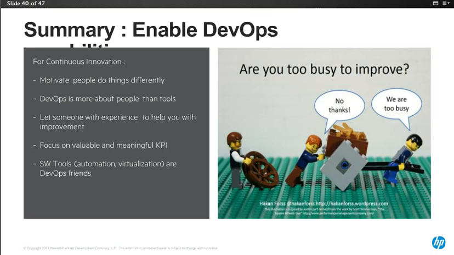The second thing I tried to stress is that DevOps is more about people. Therefore, the company should not think that it is necessary to hire new people who are familiar with DevOps. No, this is not a good approach.